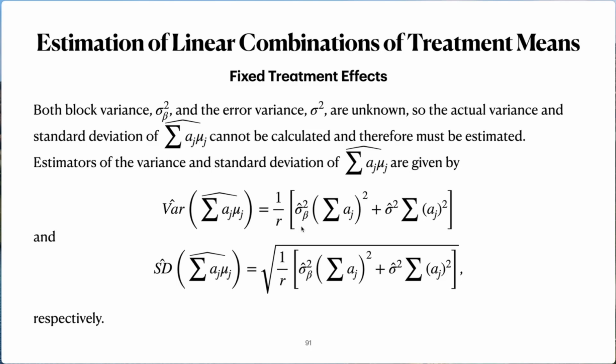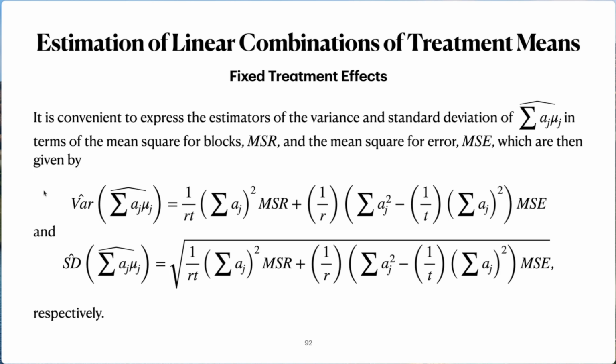The estimated variance of our point estimate of the linear combination is 1 over r times the sum: sigma hat squared sub beta, the estimator of sigma squared sub beta, times the square of the sum of the coefficients, plus the estimate of the error variance times the sum of the squared coefficients. Then we take the square root of that to get the estimated standard deviation of the point estimator of our linear combination.